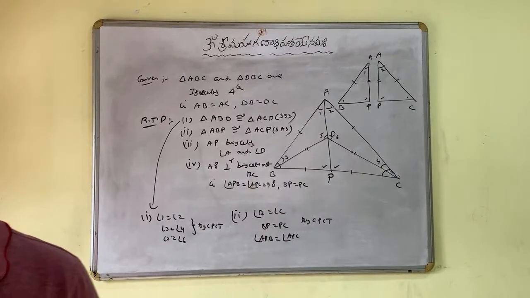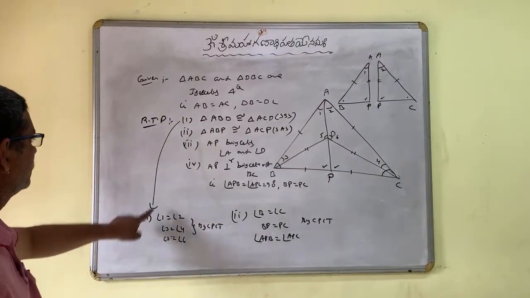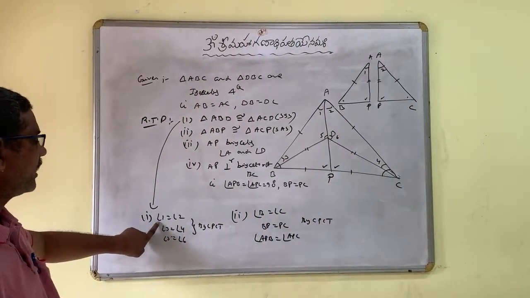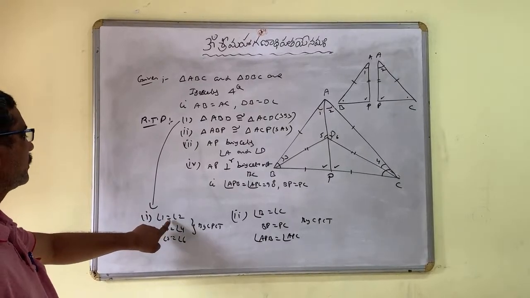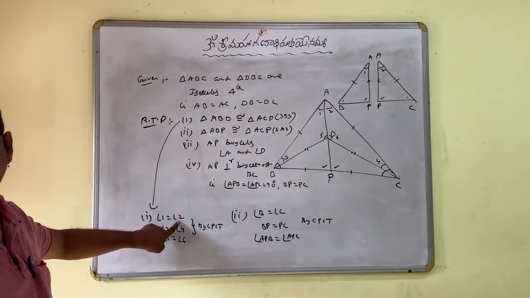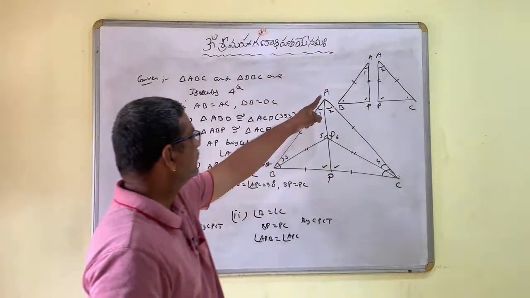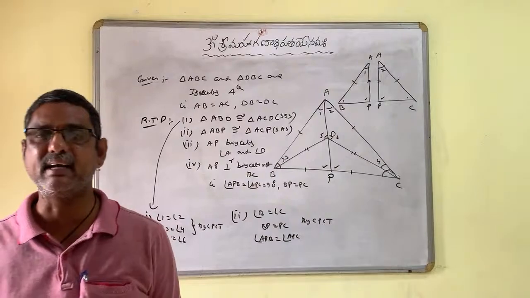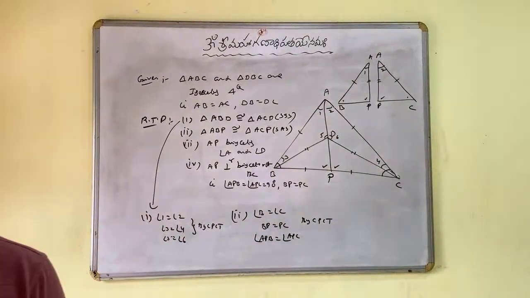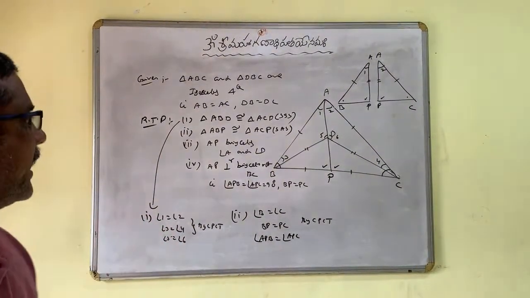From the first result, what we got? Angle 1 is equal to angle 2. That means AP is dividing angle A into two equal angles. So AP bisects angle A. That is done.